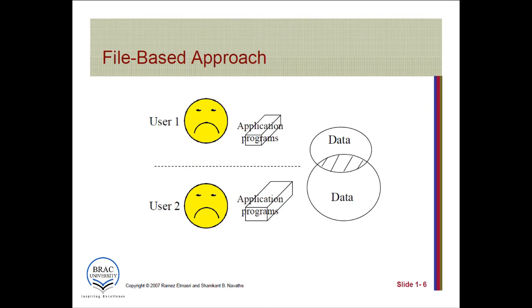Okay, let's take a look at this figure. So, let's say user 1 is from the register office and user 2 is from the account department. This is the file of the register office and this is the file of the account department. Notice that there is some overlap between the two data files.